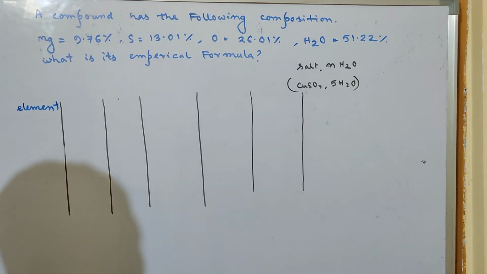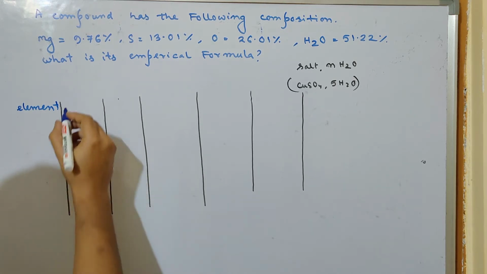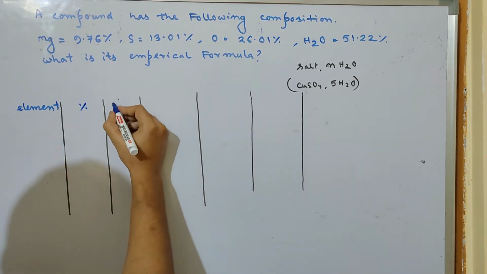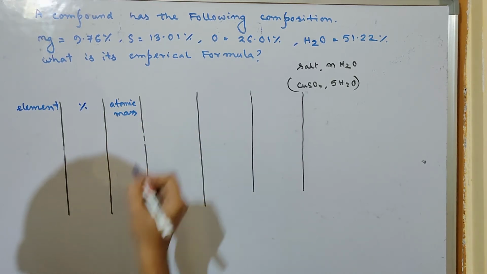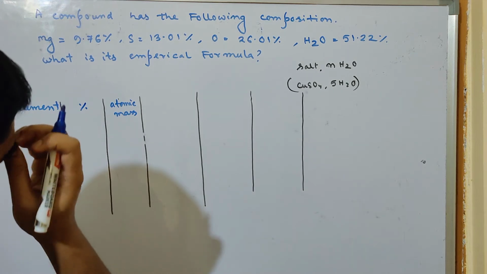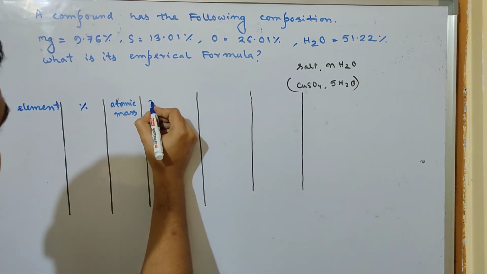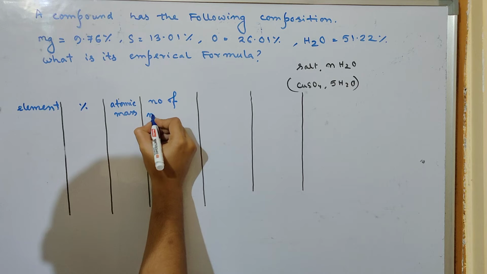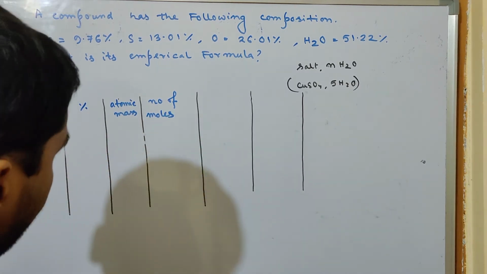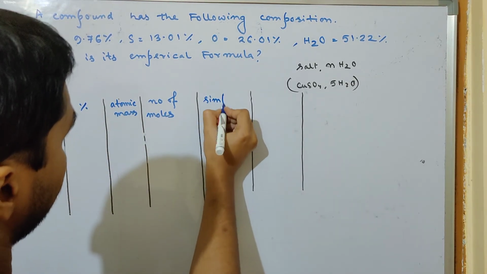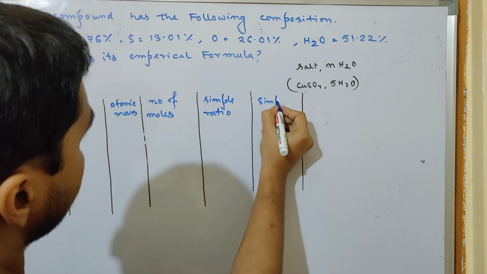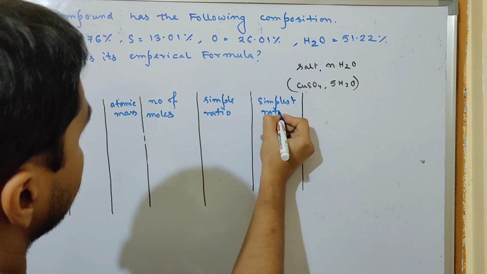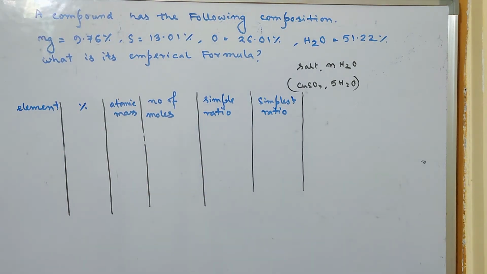Element, then we will have percentage, then atomic mass, and then number of moles, simple ratio, then we will have simplest ratio. Let us see how we can deal with this.